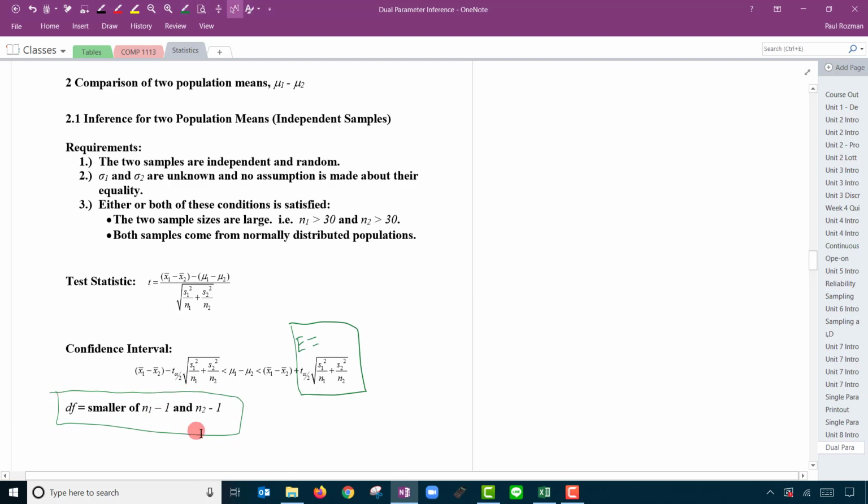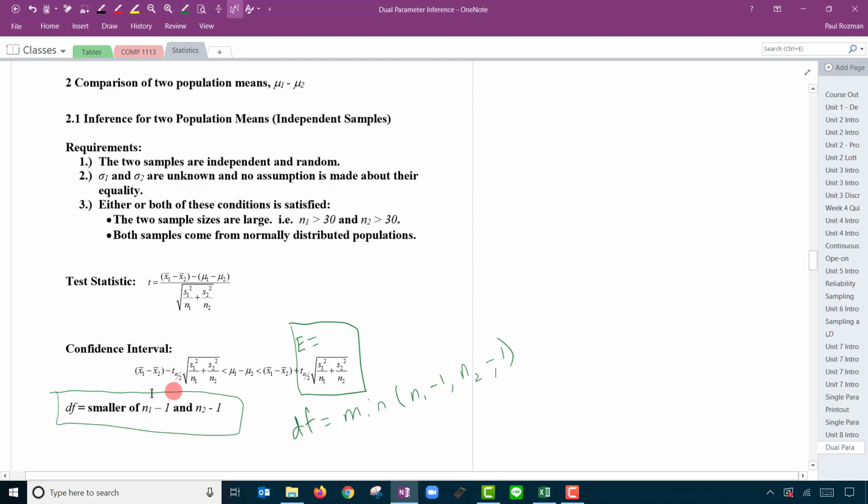For this test, we have two groups. So we'll just take the smaller of the two. So we could maybe write it as, the degrees of freedom equals the min of n1 minus 1, n2 minus 1. Whichever one of those is smaller.